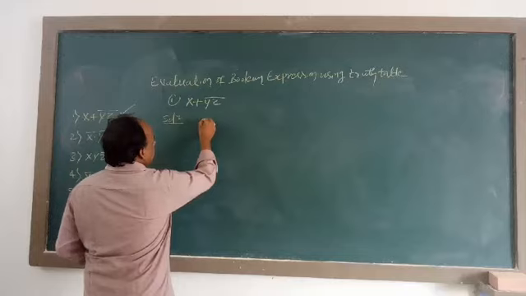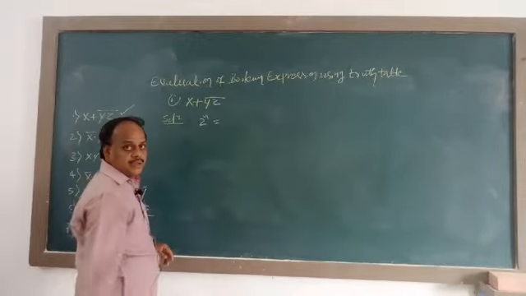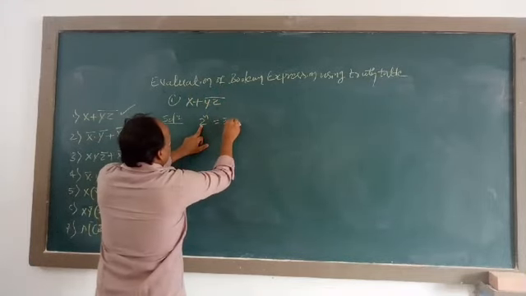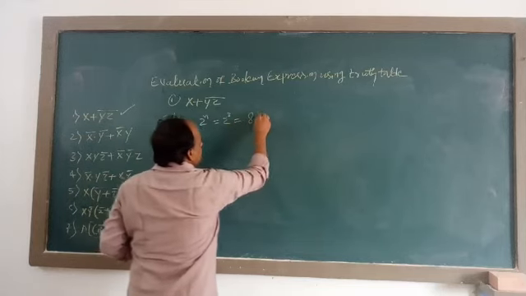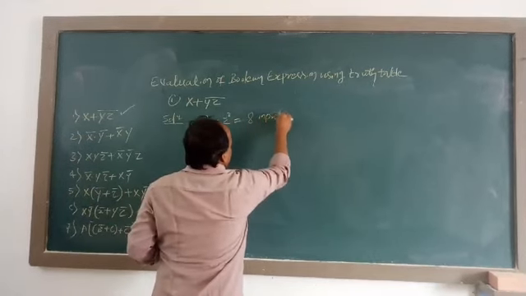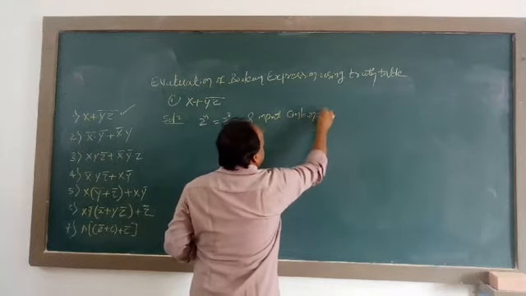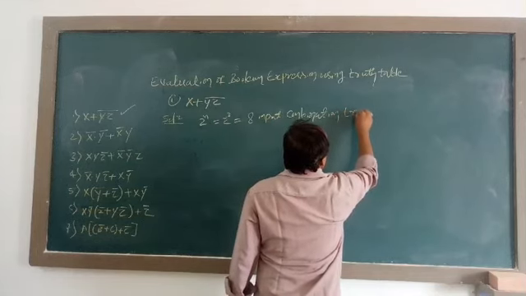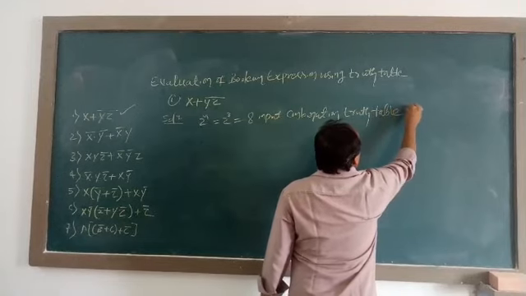So the formula is 2 power n, where n is the number of variables. So here n means 3 variables are there. 2 power 3 is equal to 8 input combination truth table.